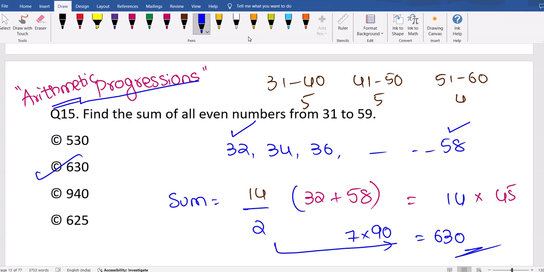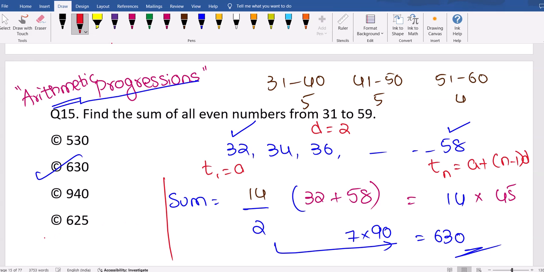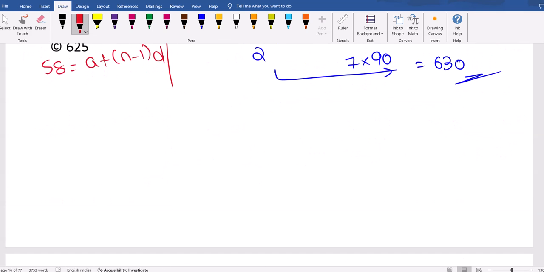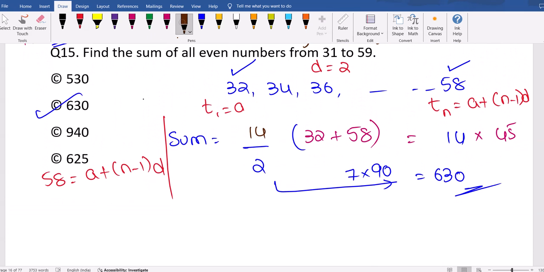Sir, I know the AP formula, how to calculate the number of terms. The first term is A. Nth term equals A plus N minus 1 into D. The difference here is 2. Nth term, I have to calculate N. 58 is nothing but A plus N minus 1 into D. A value is 32. 58 and 32 difference will be 26.